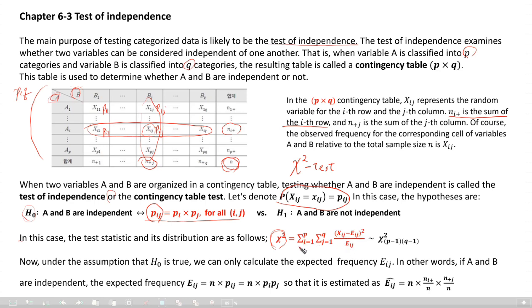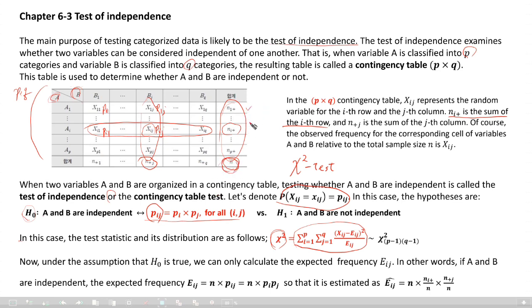Sum i from 1 to P, sum j from 1 to Q. There are PQ many cells here, right? So it is the same basic form of a chi-square test, and it follows a chi-square distribution with degrees of freedom P minus 1 times Q minus 1.